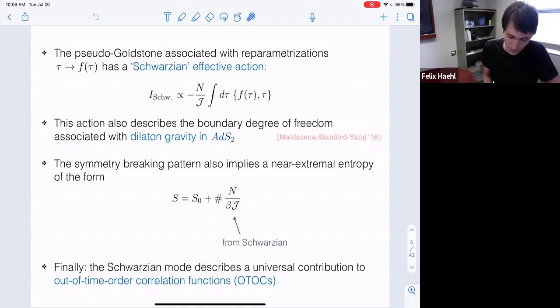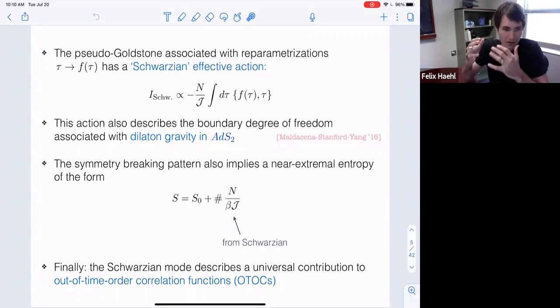You can compute the entropy at low temperatures, and you find some extremal entropy S naught, which is not captured by this Schwarzian description. But the Schwarzian description gives you a contribution to the entropy, which is extensive in n and linear in the temperature. So beta is 1 over T.